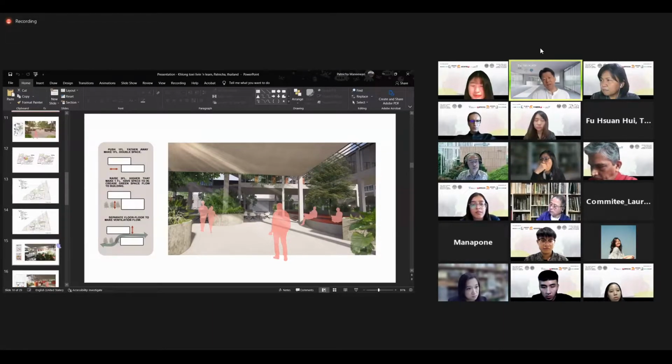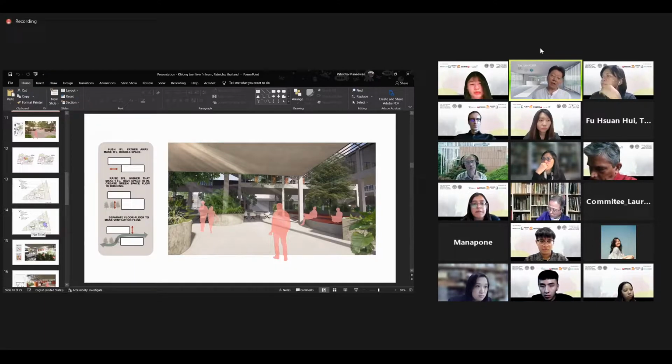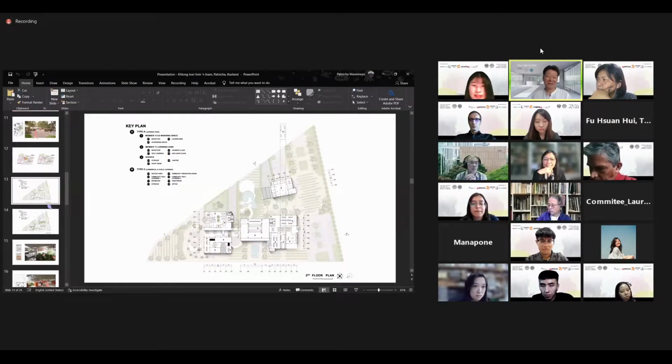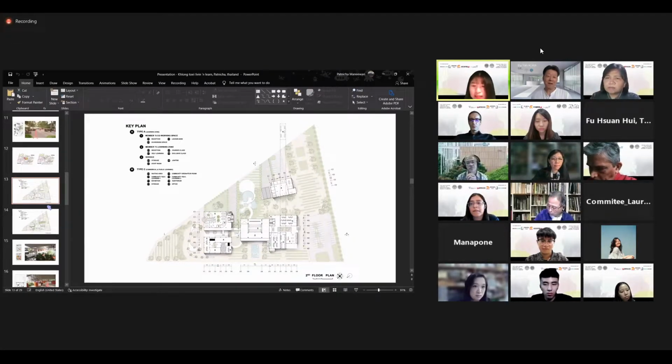So yeah, I mean, it looks very usual. I wonder if this plan of yours is comfortable for the people in the slum. Comfortable to the people who live in the slum, right?